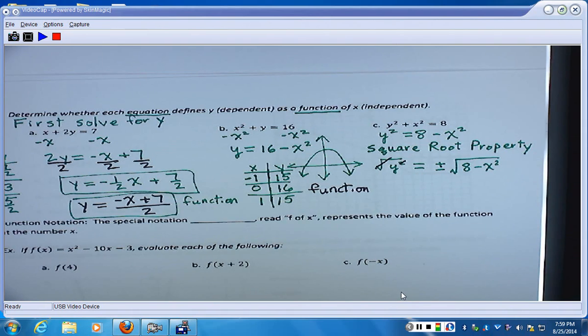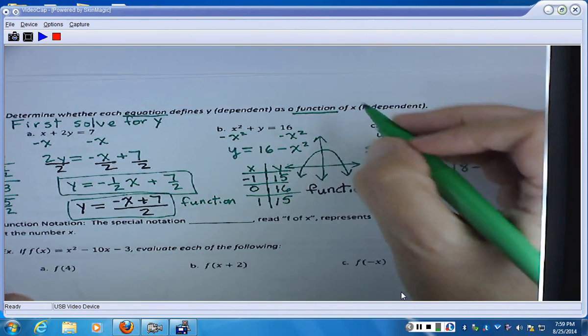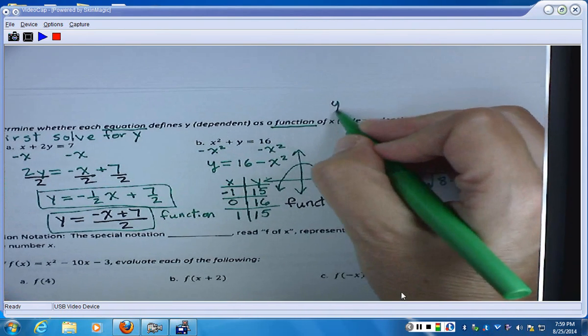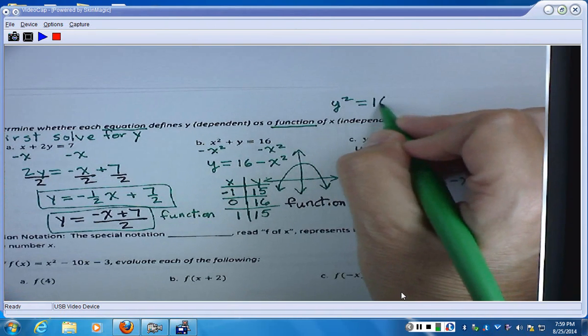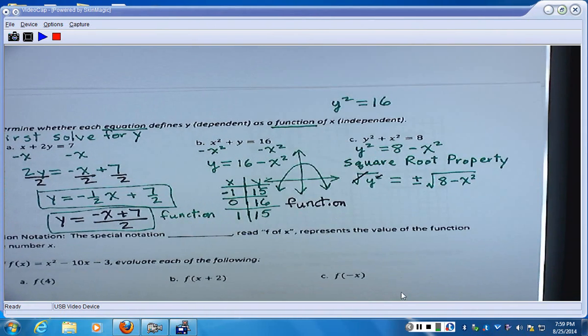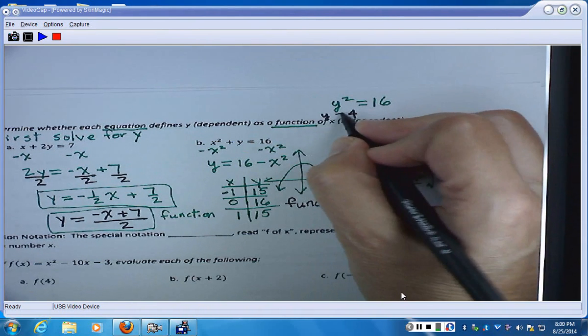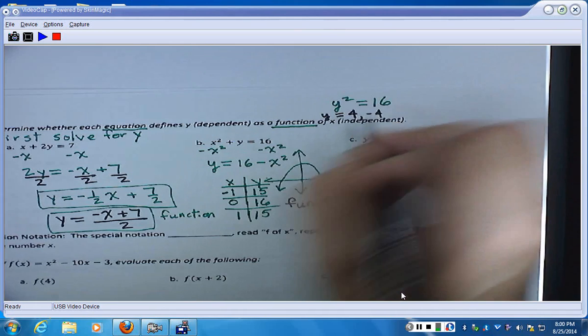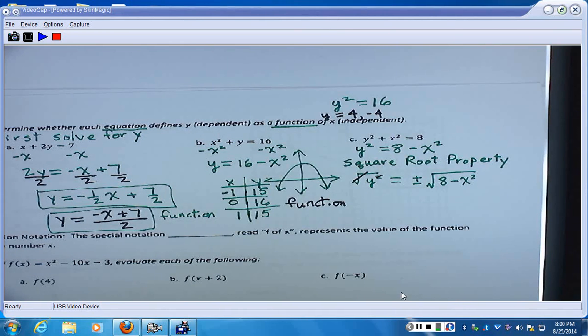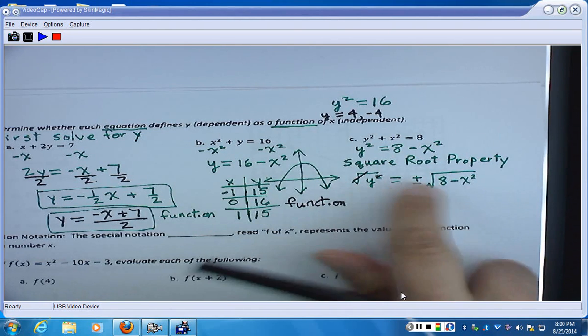Why is that? Well, if you know that y squared equals 16, what can y be? y can be 4 or negative 4. Because if we take a negative 4 and we square that, we get positive 16. So that's why we have to do plus or minus here.